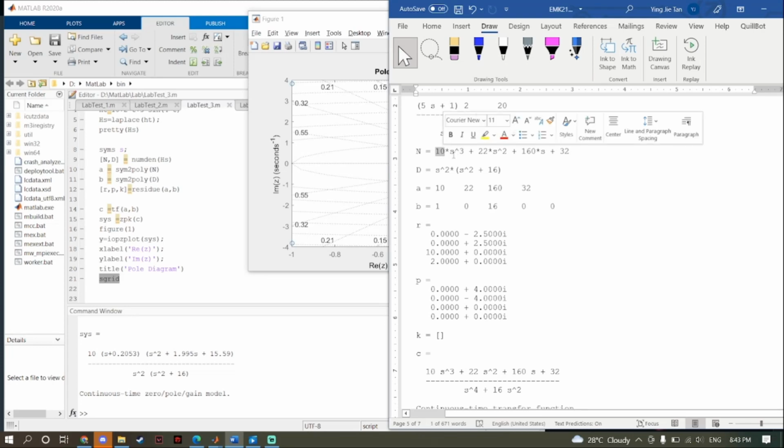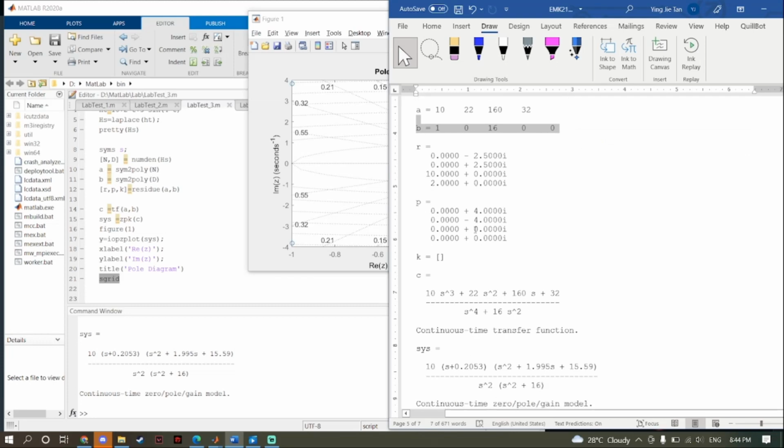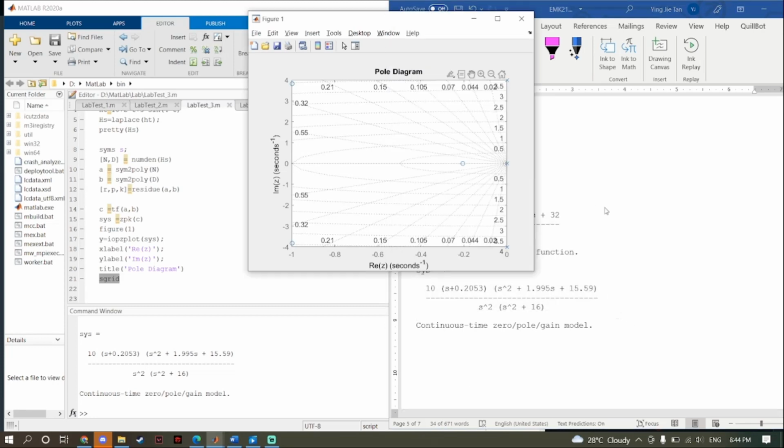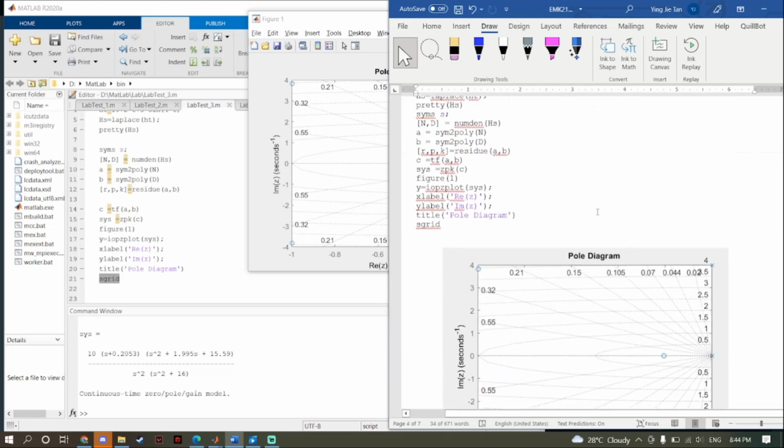S power 3 is 10, S power 2 is 22, S is 460, and without S is 32. And same goes here, it will automatically get it for you. Okay, and this is our poles and constant, and then we get the final result. Okay, so here's question 3.